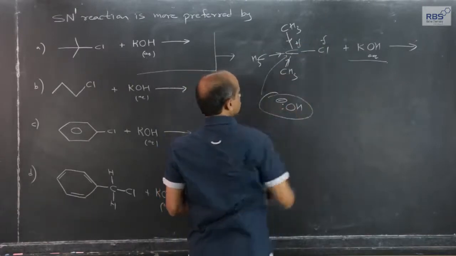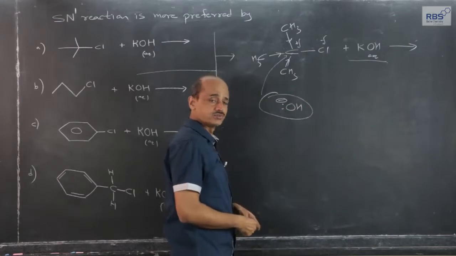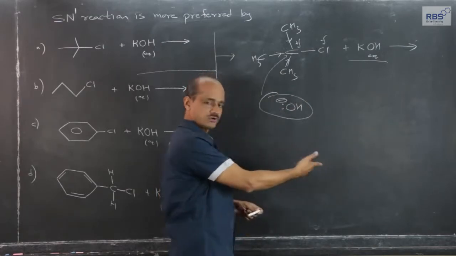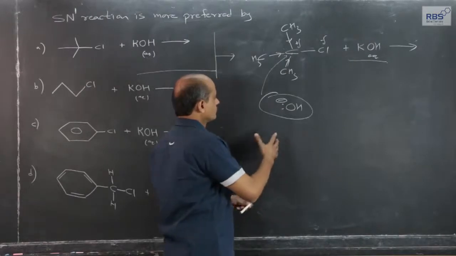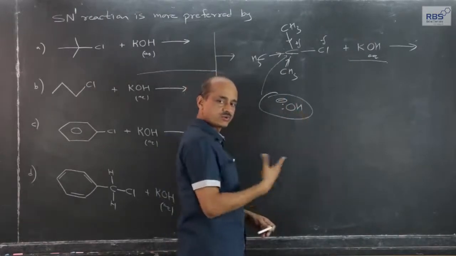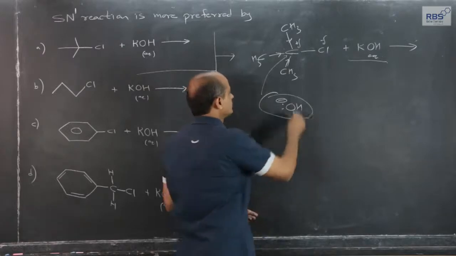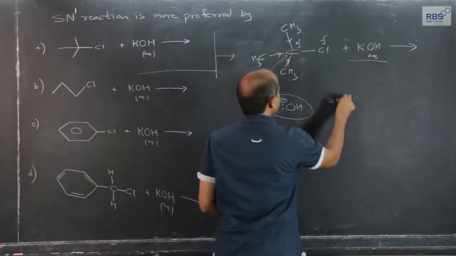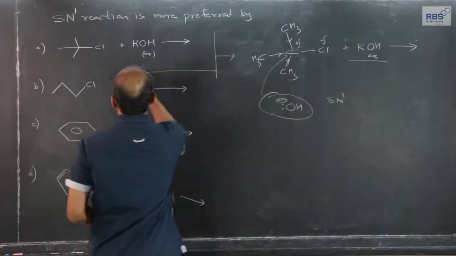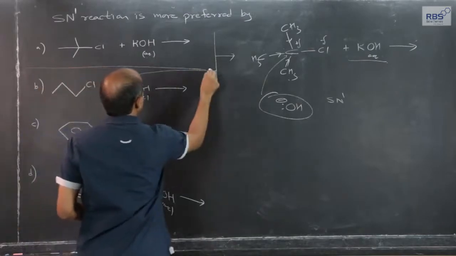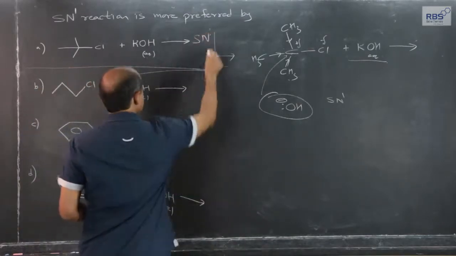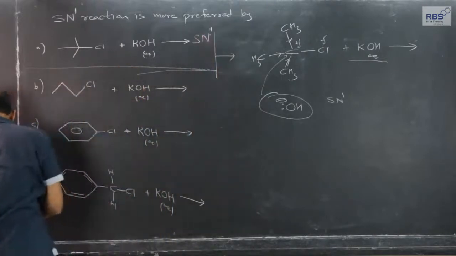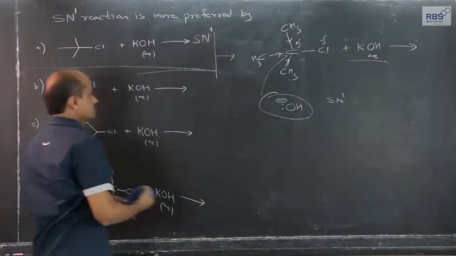And the attack from the opposite side is also not possible. Same thing I have just explained. First breaking, carbonium ion formation, then attack, means this will prefer SN1 reaction. This first one will prefer SN1 reaction. Okay. Now, we will switch over to the second part.